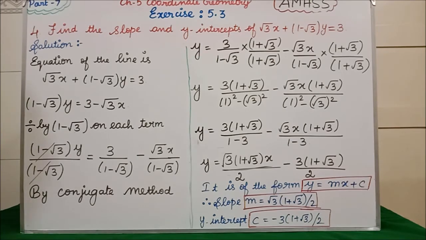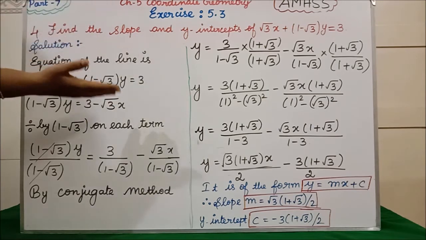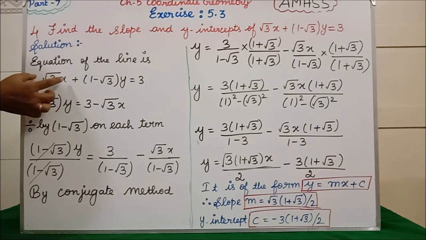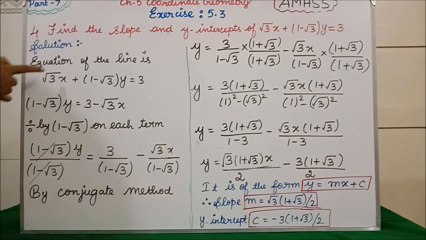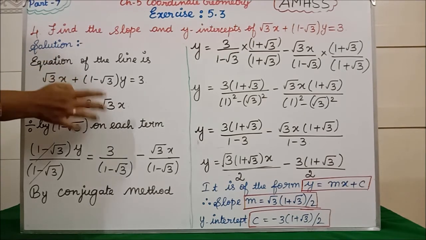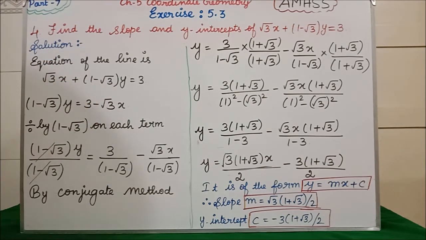So first you see here the y term we are having. So remaining all the terms you take to that side. Remaining is only one term, the x term. Take this x term to that side. It becomes minus root 3 x. Clear all of you? It has become minus root 3. The root is only for 3.